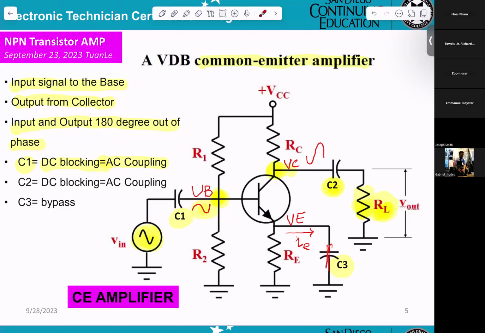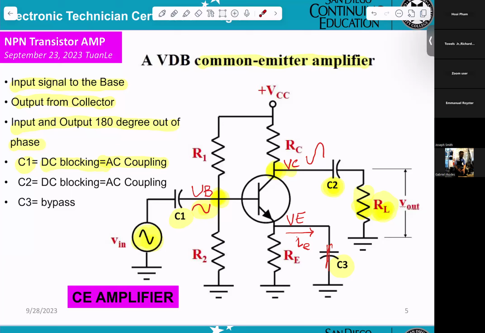So that is the first thing you need to recognize for the common emitter, CE amplifier. Okay, so when you're looking into the circuitry, first thing you need to recognize what amplifier: CE, CC, or CB.